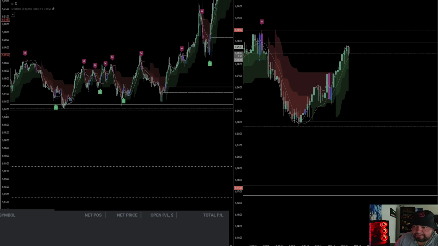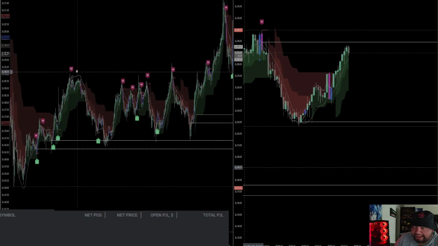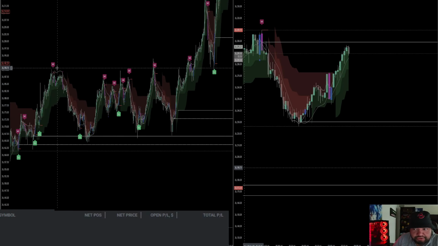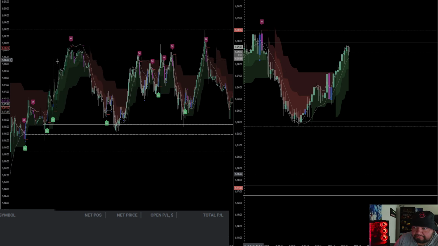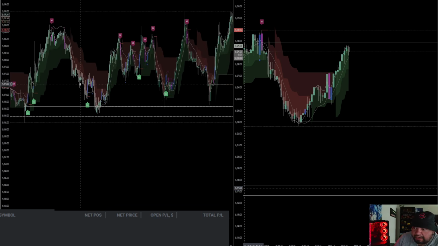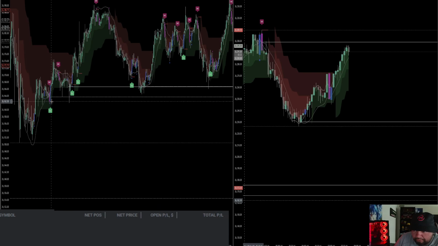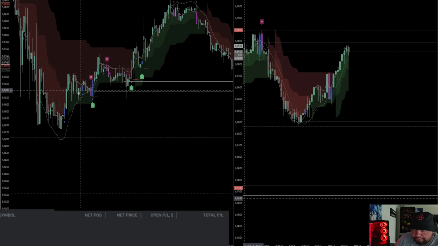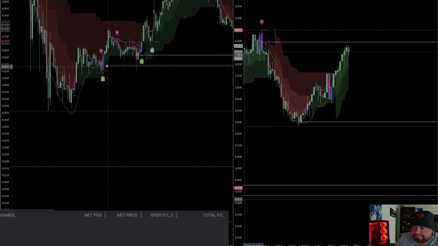This is something we went over a lot last night: I don't like to personally take trades in the middle of nowhere where there are no levels for my action lines to react to. I look for areas like this. Look where this level was formed. It just so happens to have your blues and purples lined up right here. A++ setup that gave you a buy and a sell here.